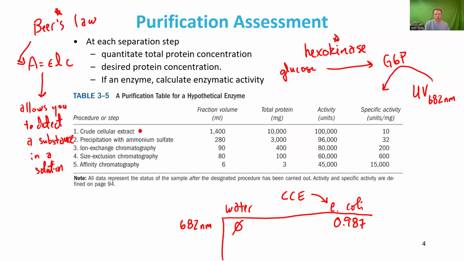I'm giving you a hypothetical absorbance, but I want you to respond, what does this tell you about the presence of glucose 6-phosphate in this E. coli sample? Is there some, yes, Y, or is there none, N? Yeah. If we see this number be anything but 0, we would expect there is indeed some glucose 6-phosphate there.